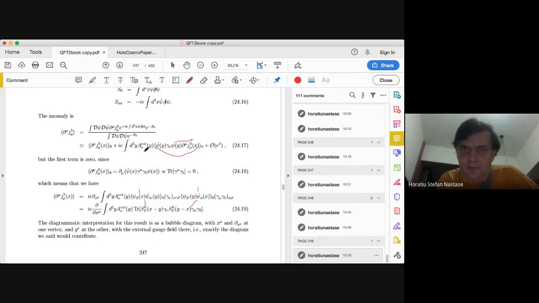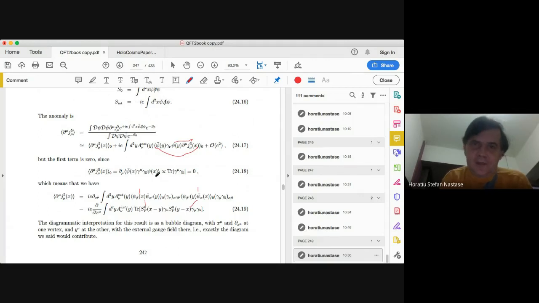So you see, the integral over y in here is over the external gauge field, so that's not a loop integral. But there's only one integration over momentum, right?